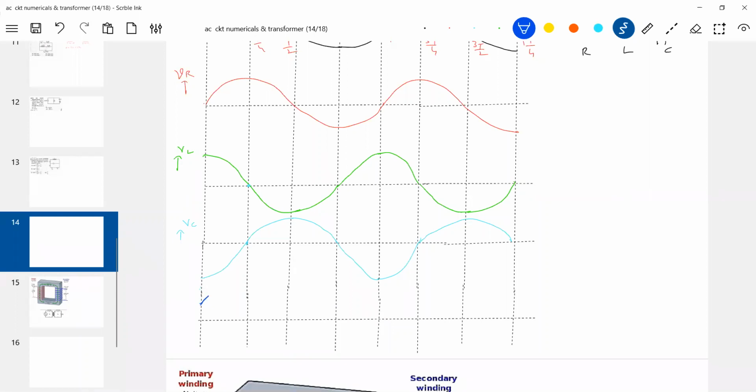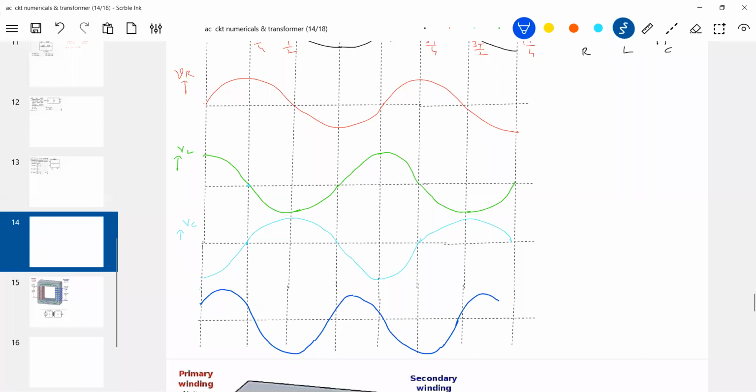I'll plot it part-wise, though not up to scale. So this is the applied voltage.